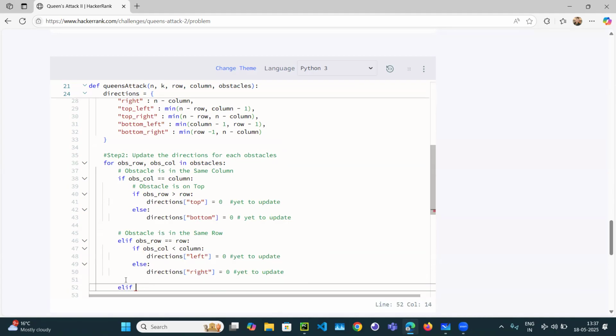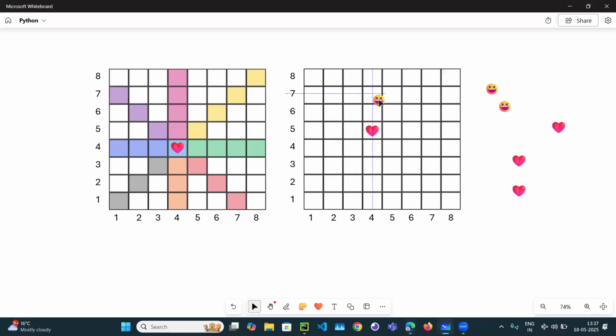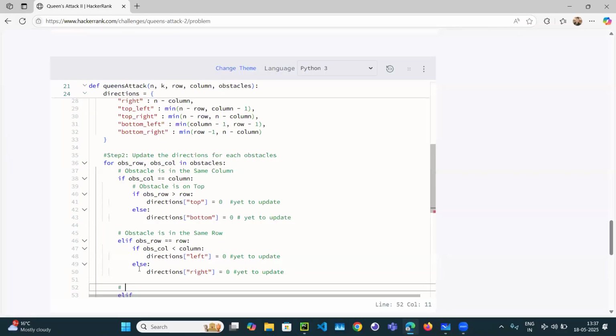Now, we already placed the obstacle top, bottom, left and right. Now the part is the diagonals. Let's do the obstacle in the diagonals.